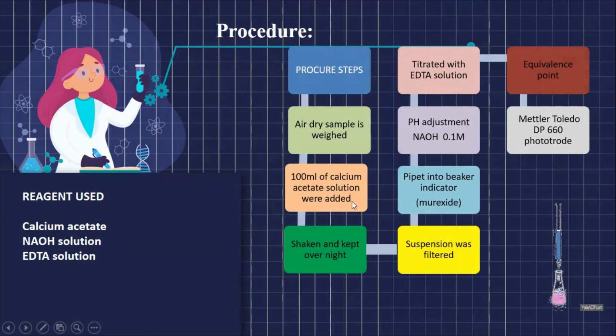The solution that has been prepared is titrated with EDTA solution, while the pH of the solution is adjusted by sodium hydroxide that is added at about 0.1 molar. The solution is prepared in a beaker along with the indicator murexide, and the suspension is then filtered. The equivalence point can be determined photometrically using Mettler-Toledo DP5 photoelectrodes, which measure the absorbance of the solutions after each addition of the titrant volume. Hence, the color change at the equivalence point can be perceived automatically.